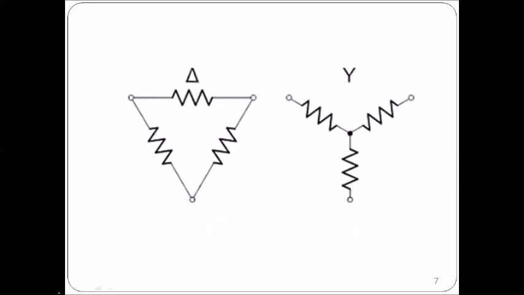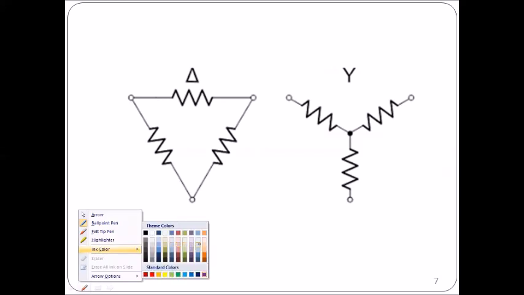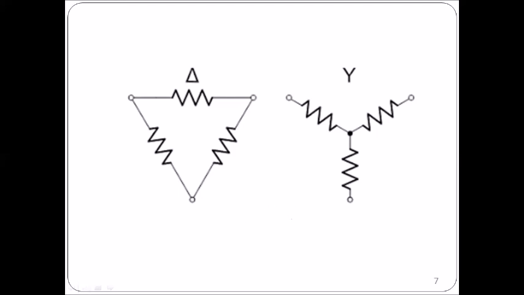Many times we say star and delta. So what does this stand for? In order to understand this, let us take a very simple example. We know that this is a simple resistor. Whenever we consider any resistor like this, we know that it consists of two terminals.